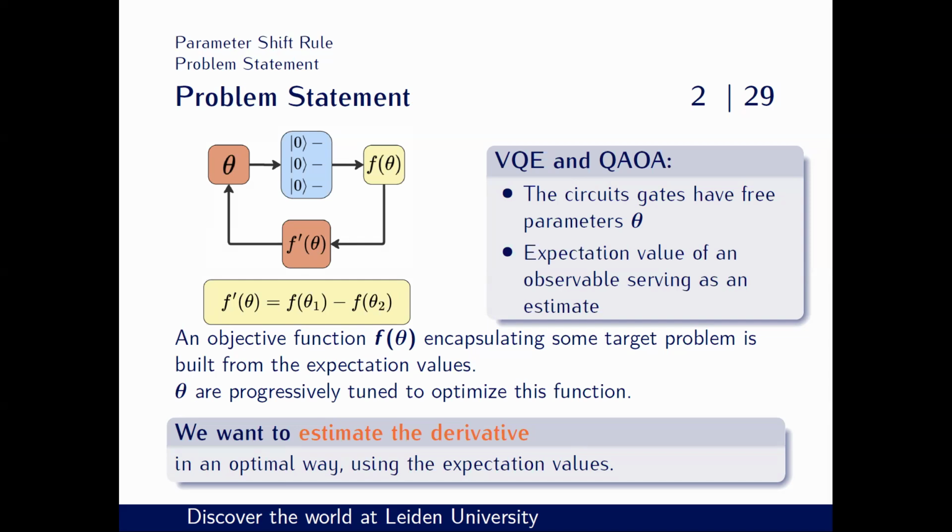Your measurements are, of course, expectation values of the observables that serve as estimates. So the function is actually illustrating the problem that you are solving. You combine these different expectation values, and I just denote all this combination as a function. This is the result of your quantum algorithm.